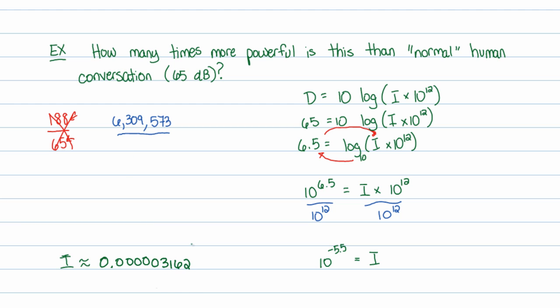So that's the amount of power in watts per square meter that you're throwing out there when you talk in a normal conversation. Not a lot of energy, right? Not a lot of watts. It's not creating hardly anything. However, compare that to the blue whale, and you'll see that this is pretty intense.